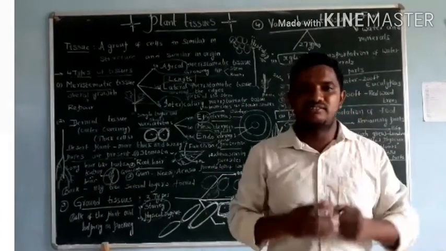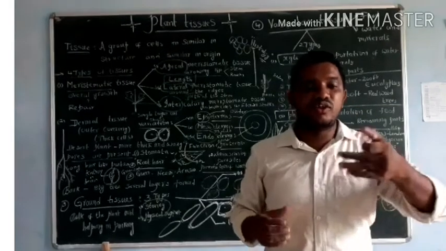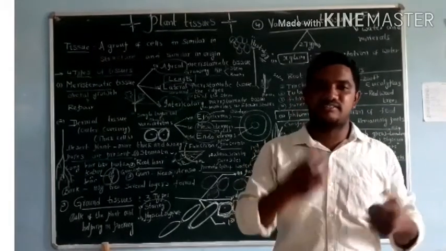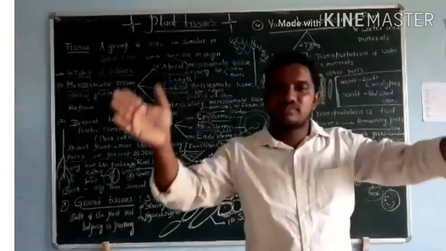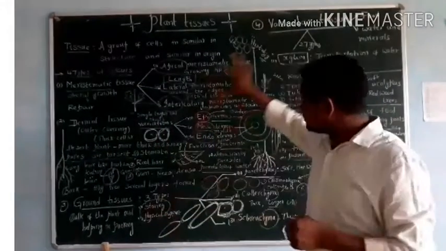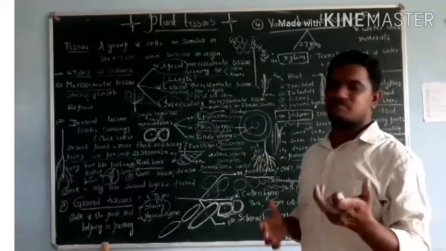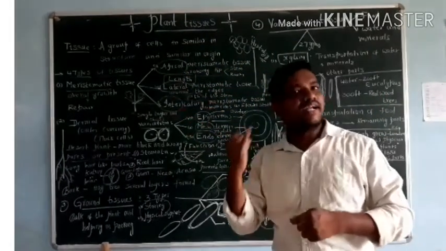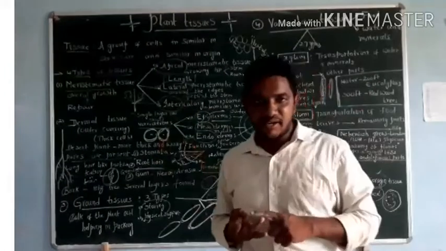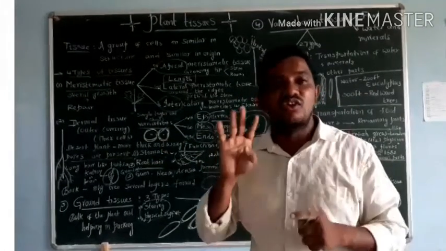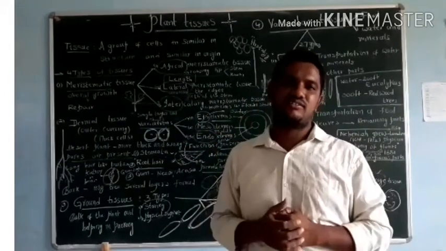Phloem helps in transportation of food materials from the leaves to other parts of the plant. These are the total four kinds of plant tissues: first meristematic tissue, second dermal tissue, third ground tissue, fourth vascular tissue.